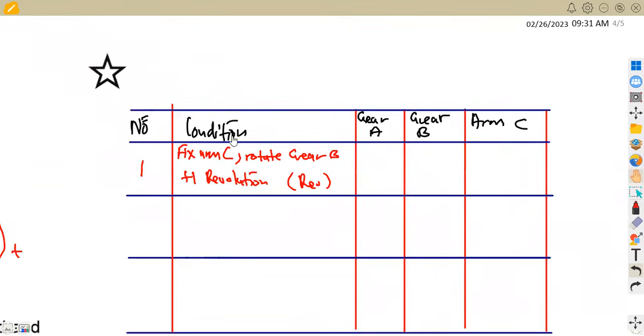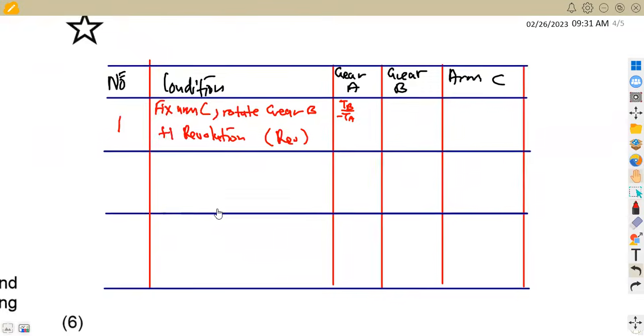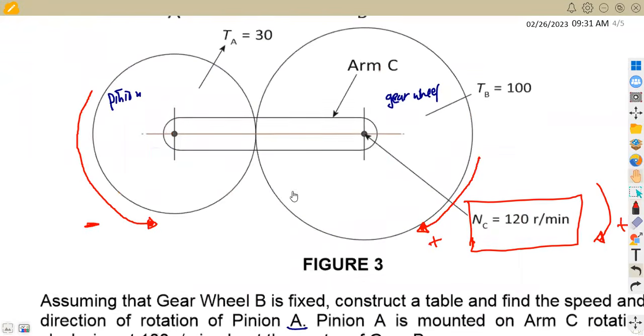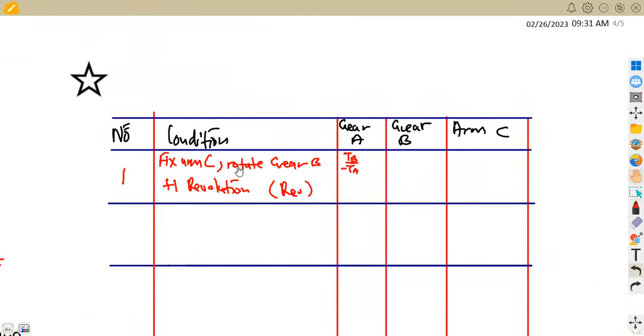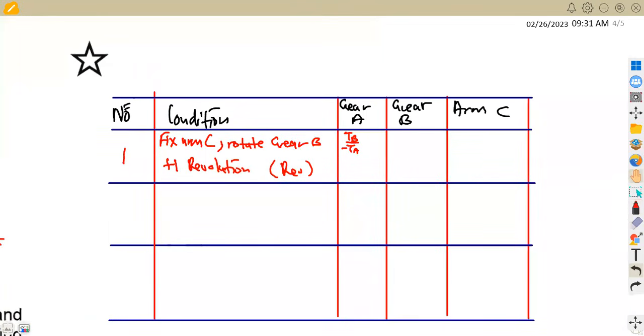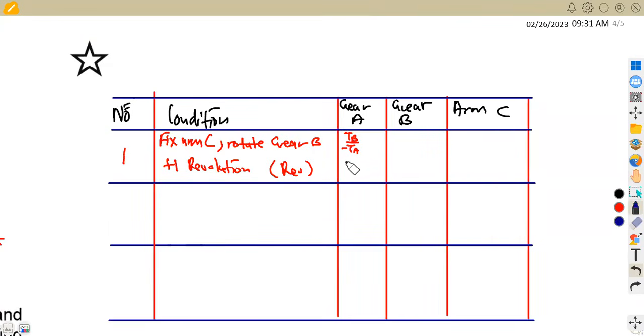So B is going clockwise, so for A, it is going to be TB over TA with a negative, because TA is going anticlockwise. Remember, I showed you TA is going anticlockwise. So that is going to be 100 over -30. This is the formula that you're going to have here. You just take the number of teeth as they are.